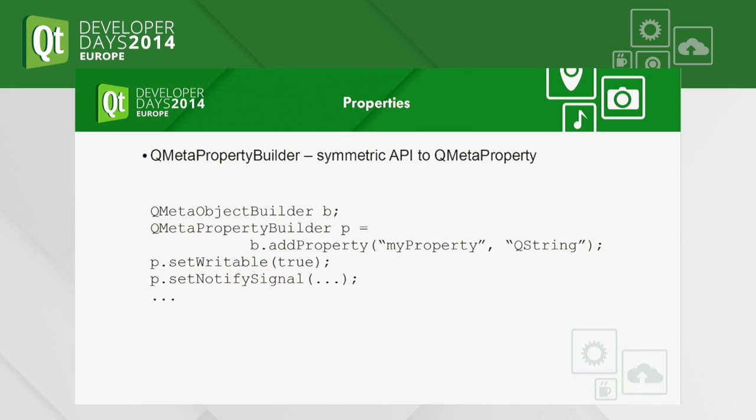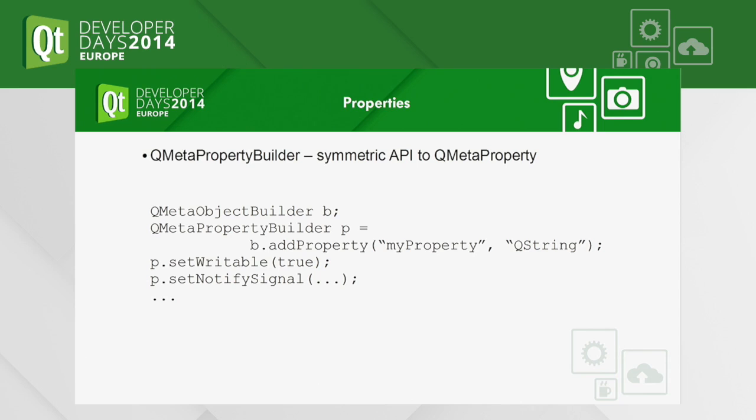So what we have seen so far, we can create a class, set the base class, set the class name. So now it's about adding some properties. For that, there is a class called QMetaPropertyBuilder, which, similar to the QMetaObjectBuilder, is basically the symmetric API for QMetaProperty. It has all the setter methods that we are missing there.